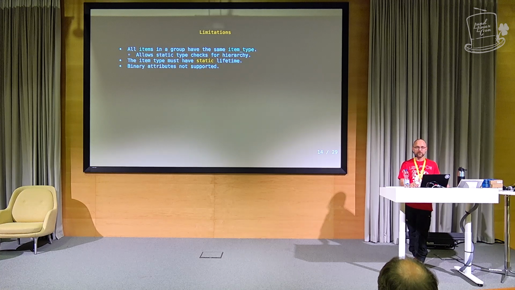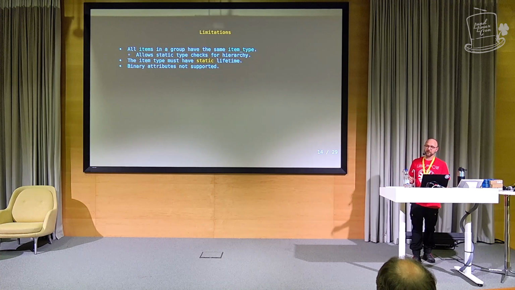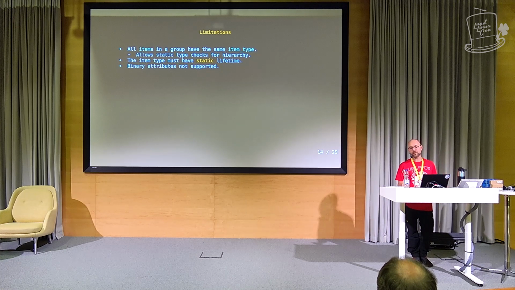So how do we make this into Rust? First, some limitations. We say all items in a group must have the same item type, because that allows some nice static type checks for the hierarchy. I think most drivers do this anyway.